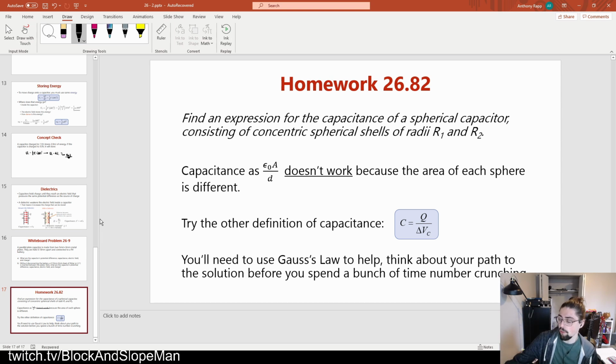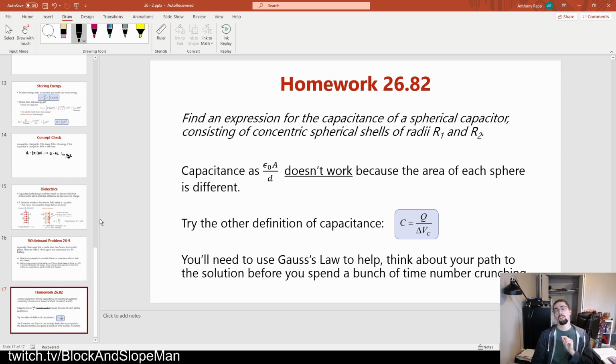If I'm thinking about the surface area of one sphere on a layer inside, if I have some tiny piece dA and I go to the outside sphere, those areas do not match up. So it's not a parallel plate capacitor. The area is not equal between the two. Even though it's two plates pressed together, because those areas are different, we can't use our parallel plate capacitor equation.